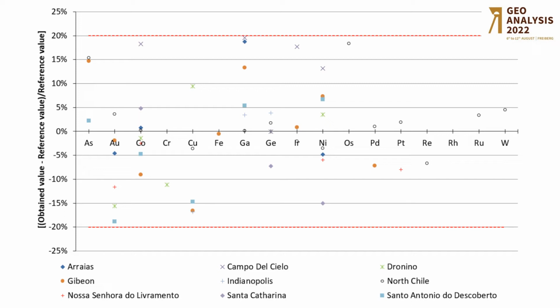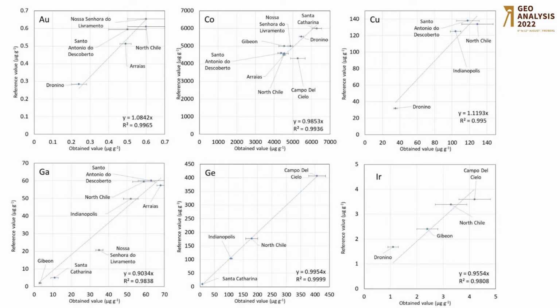The first difficulty to validation was that there are few published values and no information about uncertainties. Each element with published values can be individually evaluated. The plots of obtained values versus published values result in a trend line with a slope and error correlations near unity.